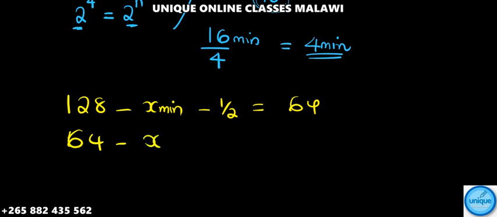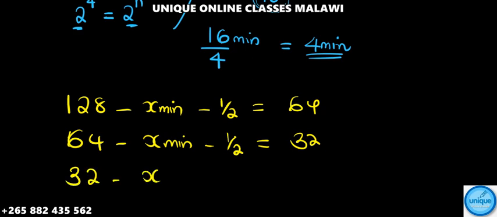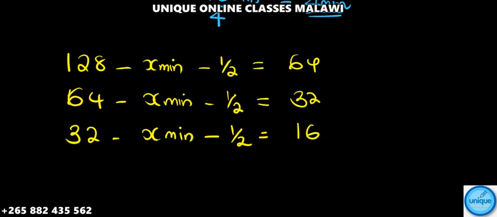Then after x minutes, since it is the same half-life, we find half of 64, and the answer we get is 32. Then after x minutes, half of 32, the answer is 16.